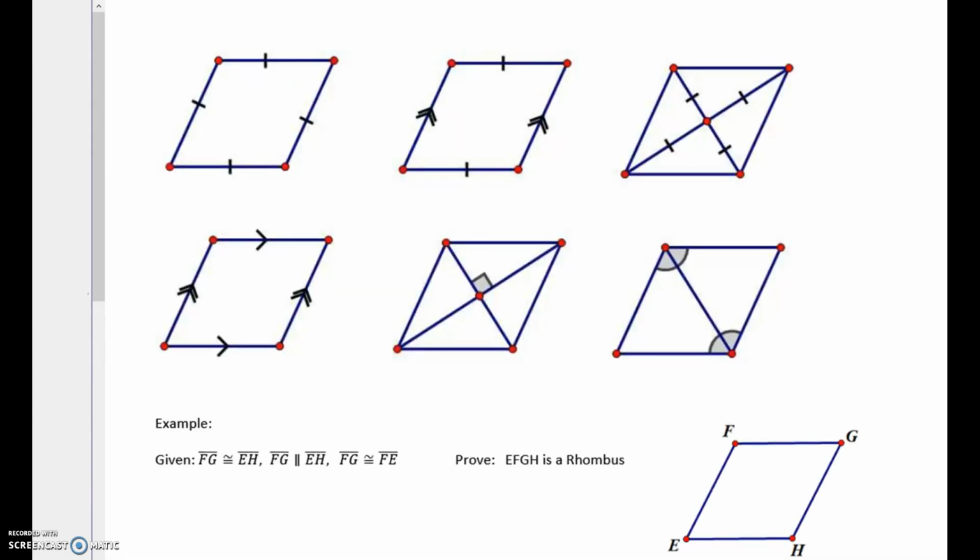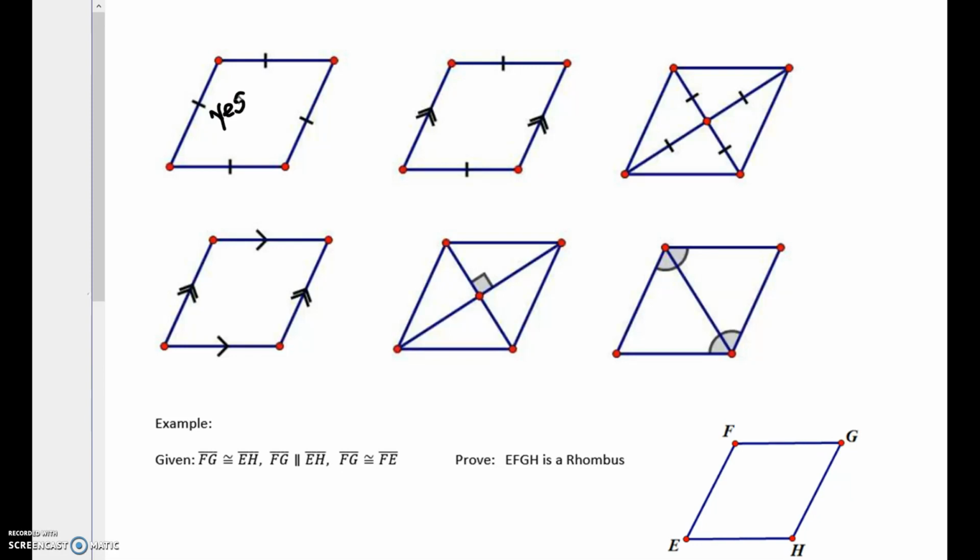I want to determine if these are rhombi. This first one, I've got a quadrilateral with four congruent sides, so that's a yes. It is a rhombus because it has four congruent sides. Now my next figure has a pair of parallel sides and a pair of congruent sides. They are not the same side.